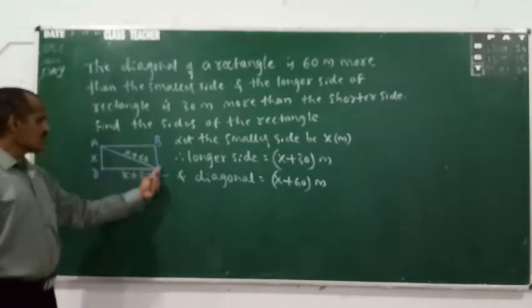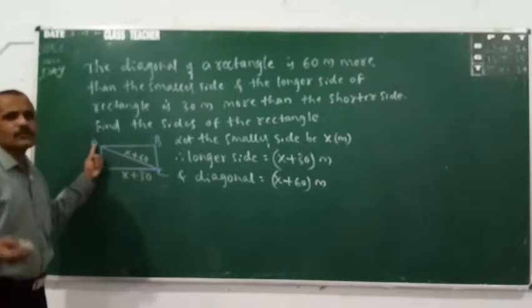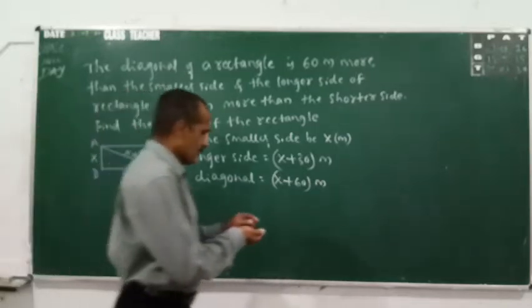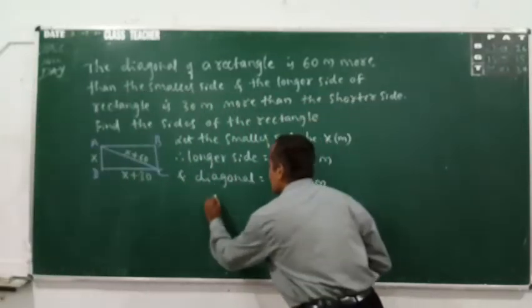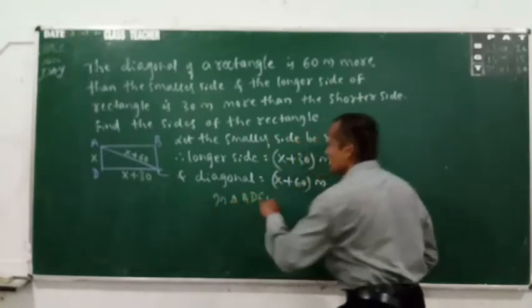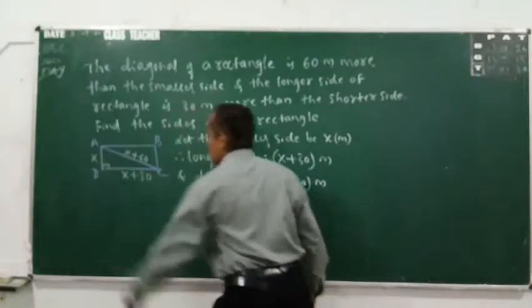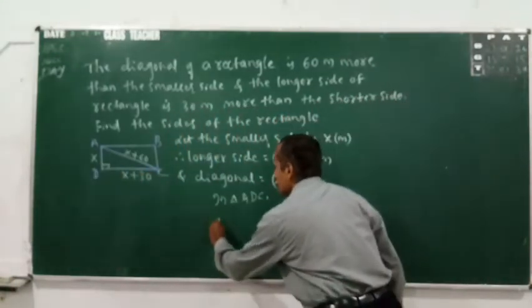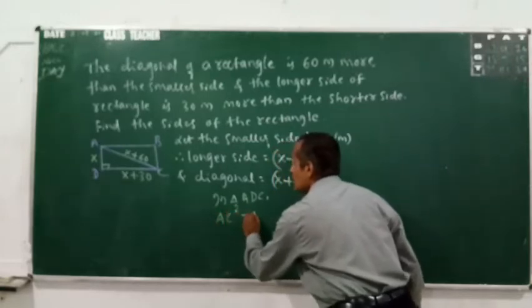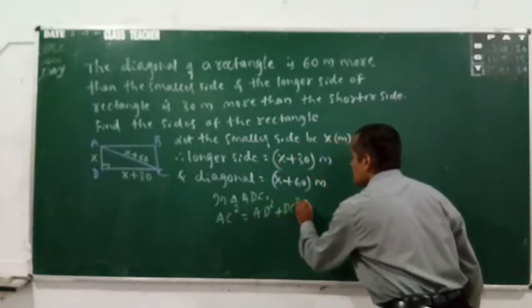My dear children, this is a rectangle. This is a right angle triangle. You can apply the Pythagoras theorem. So I can say in triangle ADC, since the angle is 90, rectangle, I can say AC square is equal to AD square plus DC square.